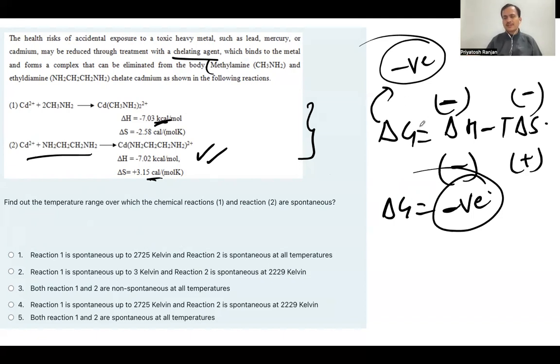We all know from the Gibbs free energy equation that I can consider delta G as 0 under equilibrium conditions, and that will make my equation simpler.